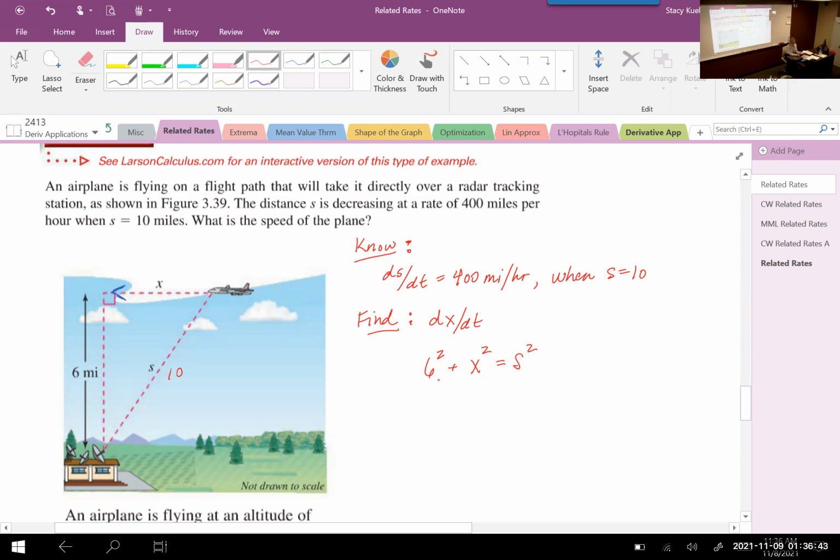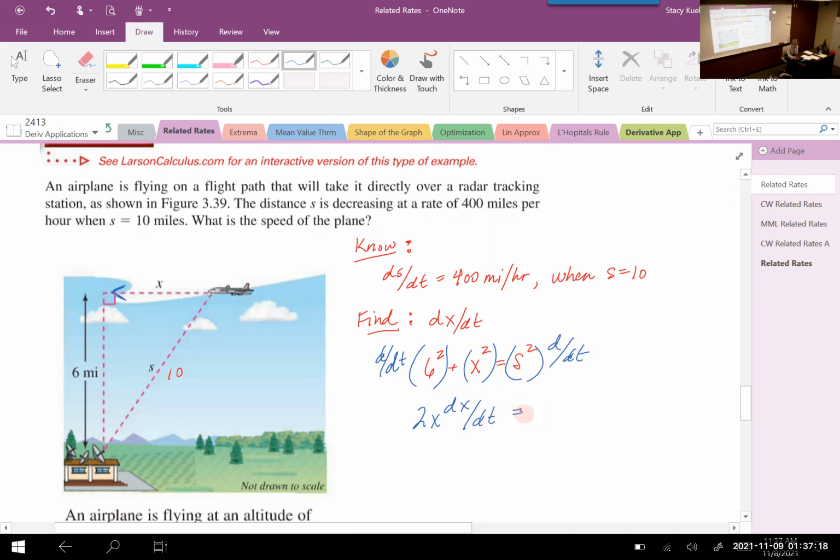So I can kind of simplify it a little further using this. Now, let's take the derivative with respect to t for both sides. So the derivative of a constant, that's just going to disappear. But the derivative of x squared becomes 2x dx dt.